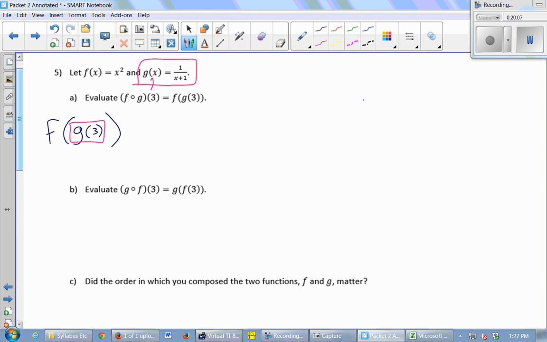Whatever you replace the x with in the parentheses, you replace all of the x's with in the formula. So g of 3 is 1 over 3 plus 1, which is 1/4. So g of 3 turns out to be 1/4.